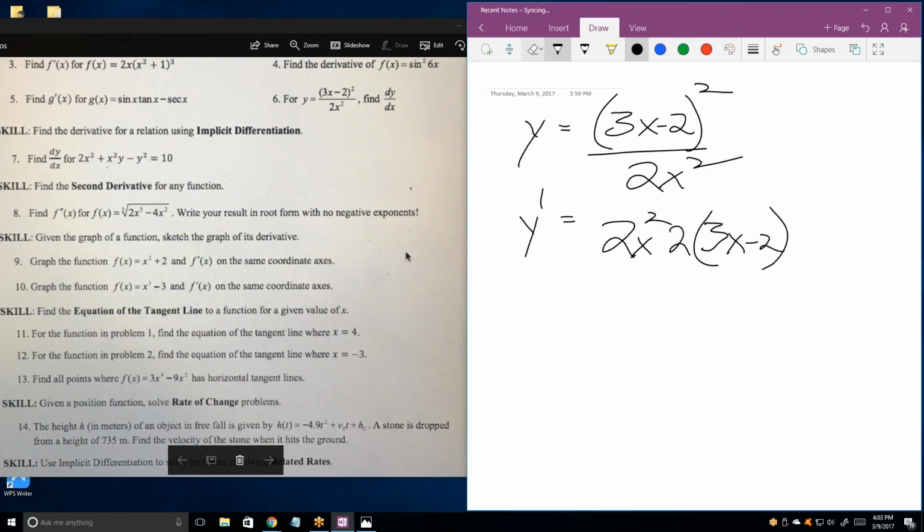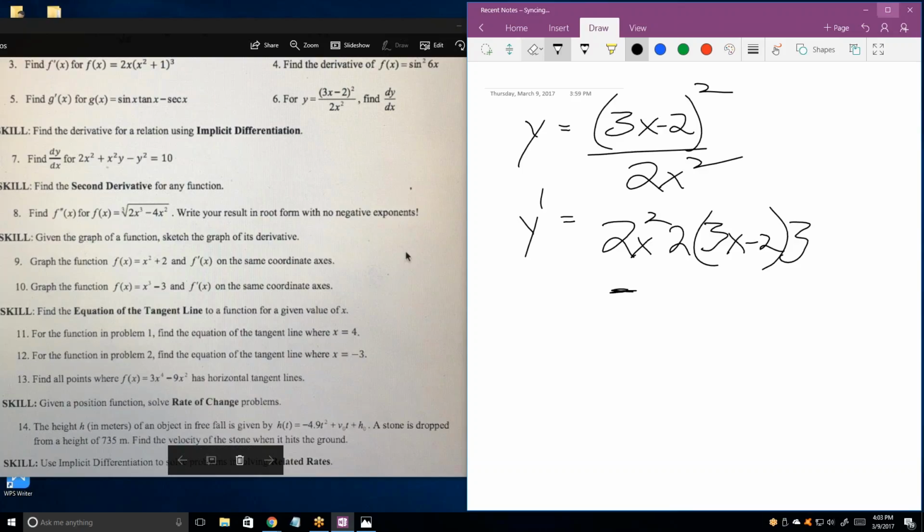You do have to apply the chain rule to this part. In other words, you're taking the derivative of the top, which is 2 times 3x minus 2, but now times the derivative of the inside. What's the derivative of the inside? 3. Okay. Now, minus the reverse of that. So what's the reverse of that?